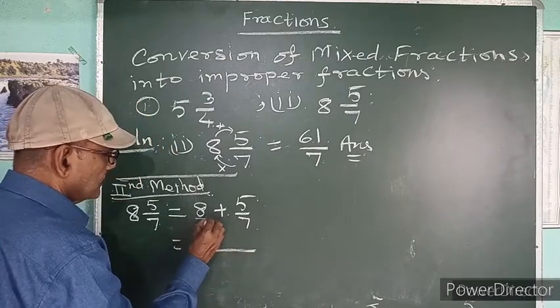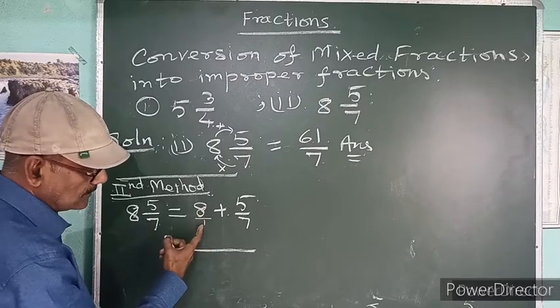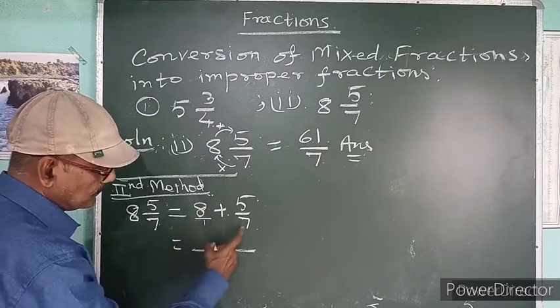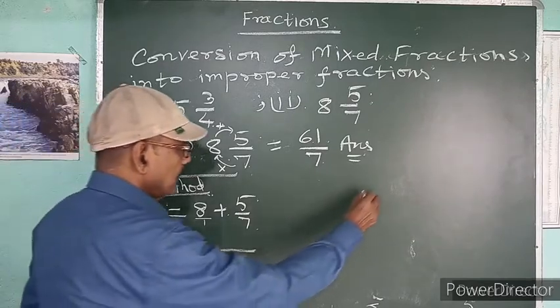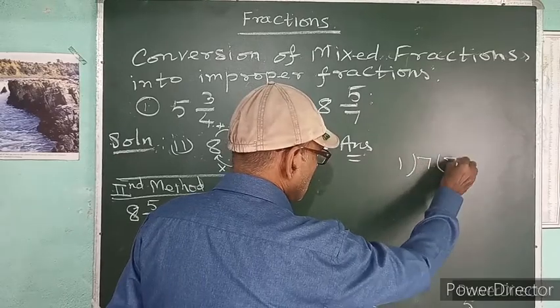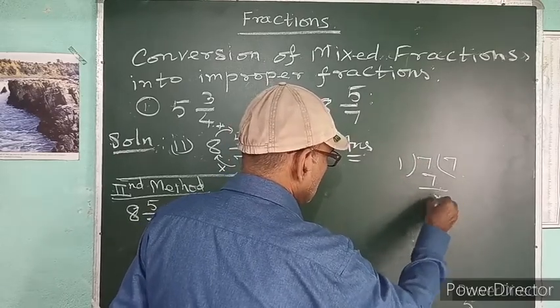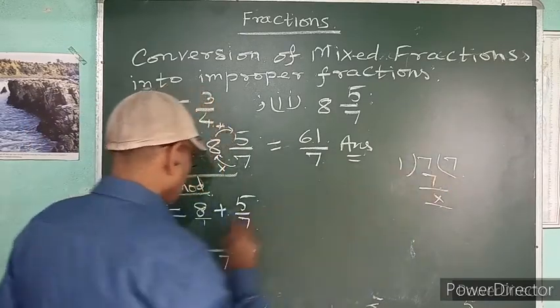So denominator is 1. Write down 1. 8 is equal to 8 by 1. Take the LCM of 1 and 7, which is 7. Divide 7 by 1. You get 7. Remainder is 0.